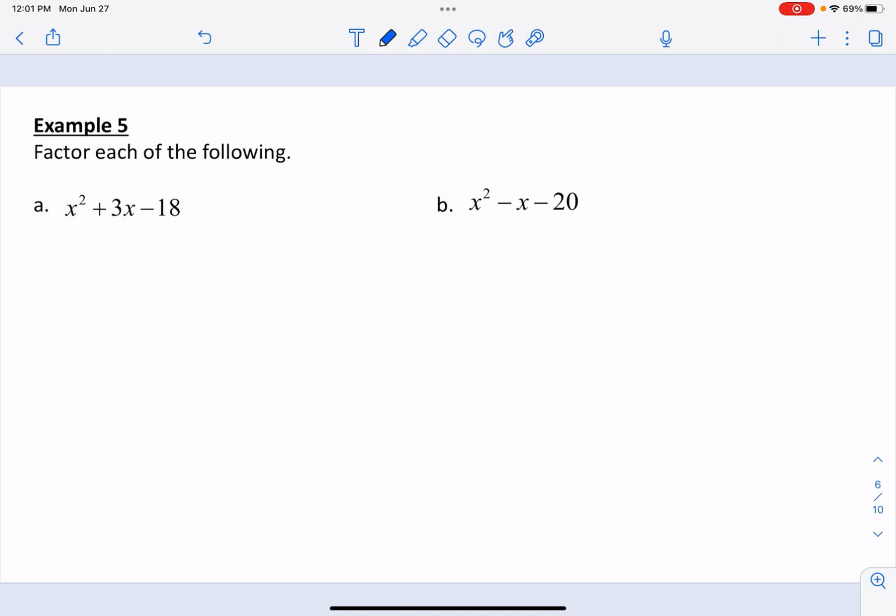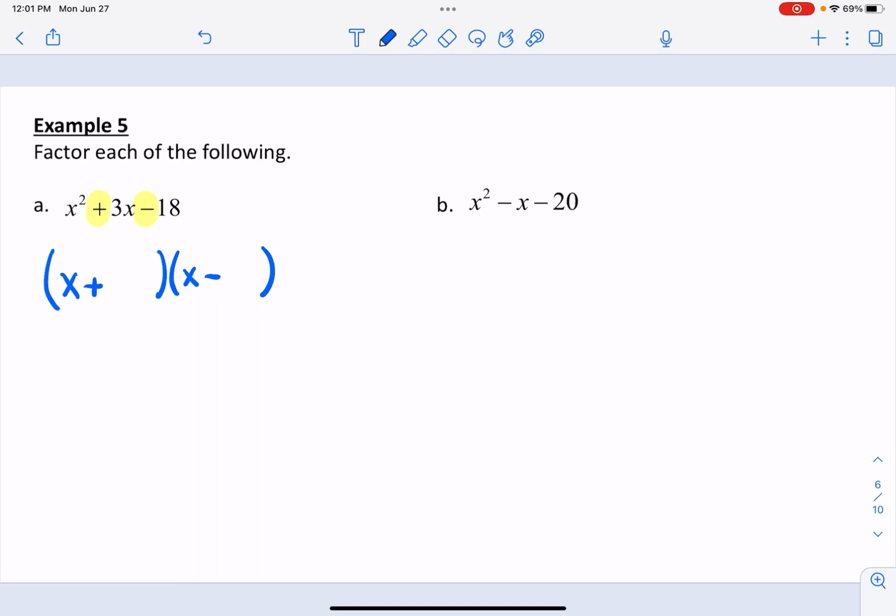Okay, now this one's a little bit more complicated, because it has positive and negative. So my two numbers have to be opposite signs. One of them's going to be positive, one of them's going to be negative.